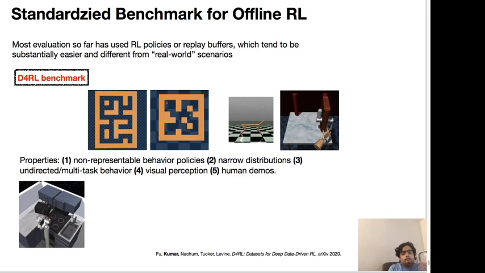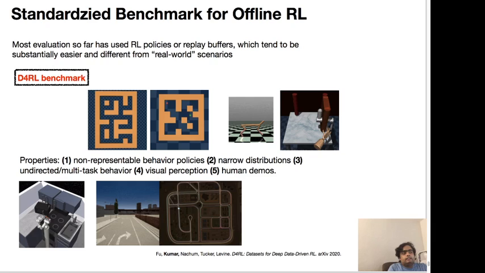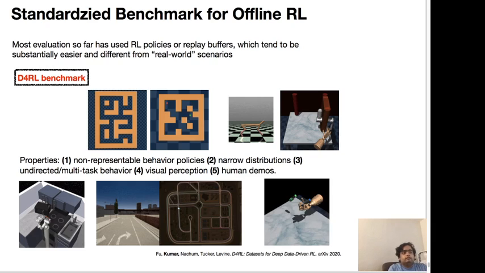Then the Franka kitchen task, which is on a Franka robot, which we saw earlier, consists of a lot of undirected or multitask behavior that is not relevant for solving the offline RL problem that you are seeing, as well as tasks pertaining to driving on the CARLA simulator and human demonstrations as well. And this benchmark comes with standardized metrics. So if you're considering doing offline RL for your project, you might want to check something like this out.